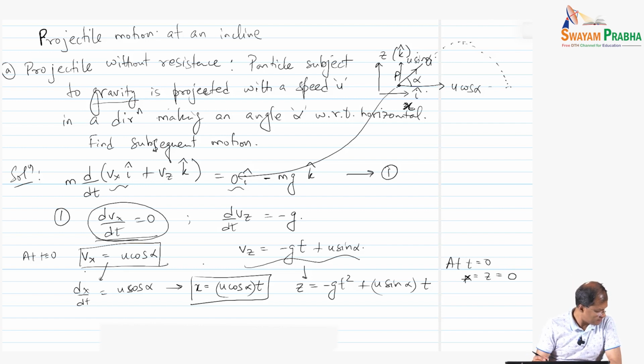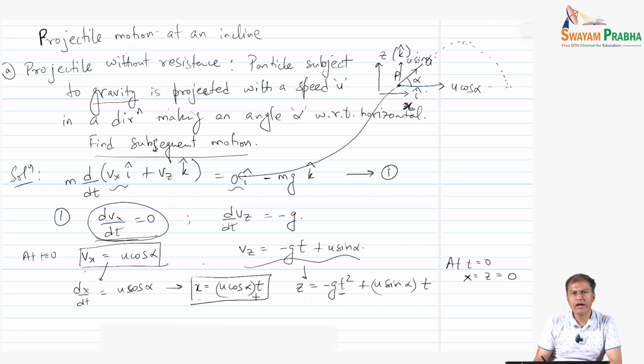Okay, so then we can quickly now solve. We want to describe the motion of the system or the particle, and we have already found the x and the z component in terms of a parameter, the time t.